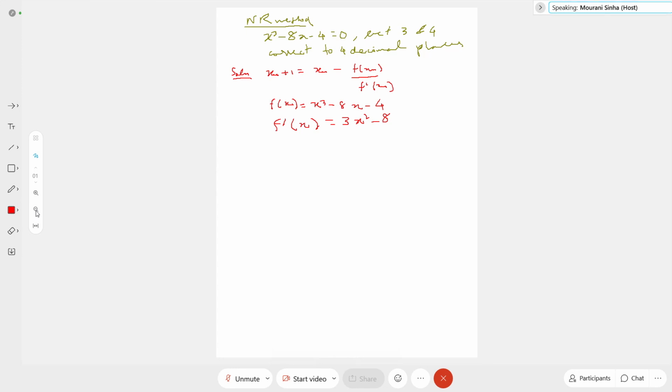So in the computational table, the first column is n, the number of iterations. The next column is xn. Actually, you don't need further columns, but just because we are doing it for the first time, we are making 2 more columns, that is f(xn) and f dash xn.